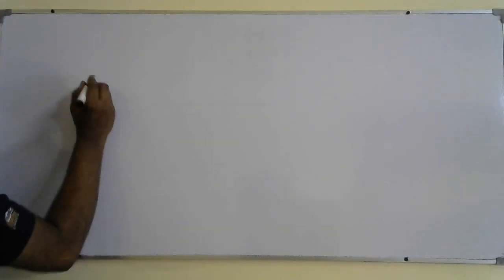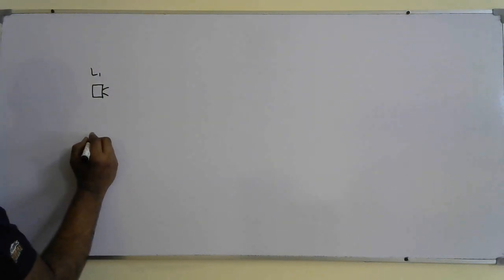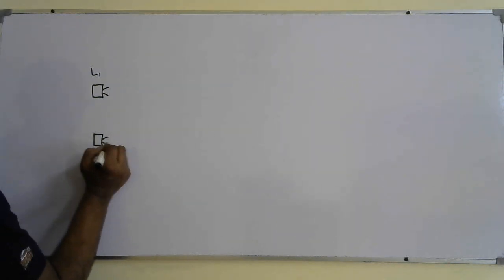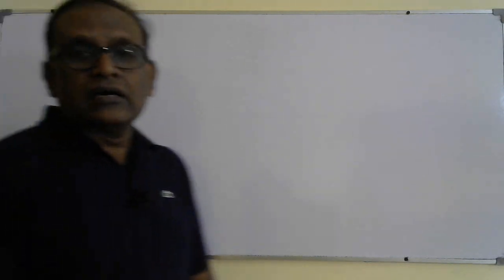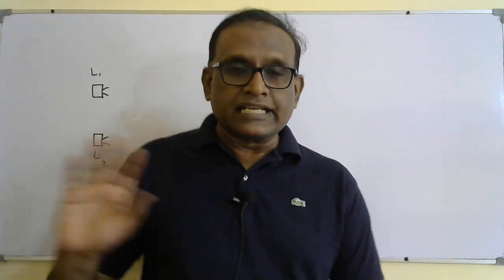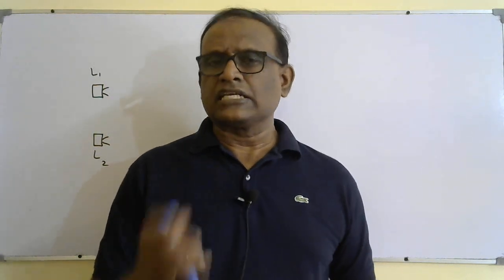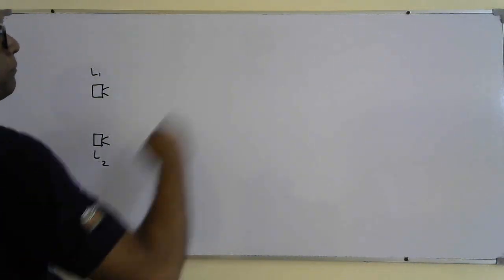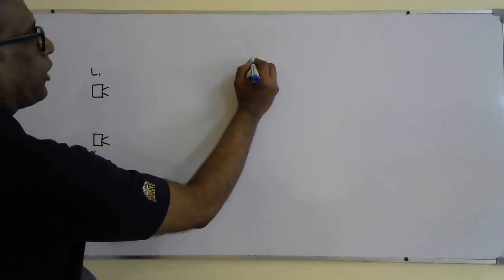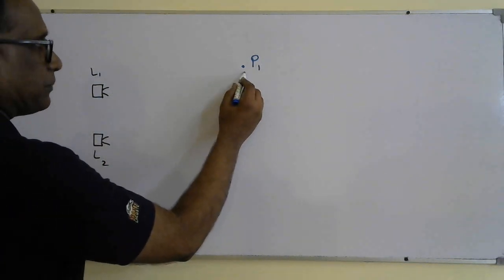Say for example, imagine there are two loudspeakers, L1 and L2. They are connected to a signal generator, so they are emitting the same frequency of sound. When you consider a point in space, somewhere here, the point P1, the sound emitted from loudspeaker L1 is reaching the point P1.